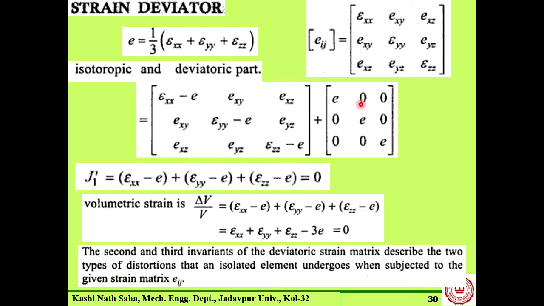So understand from these two parts what we say is that the deviatoric part does not change any volume. And obviously this is the change in volume.